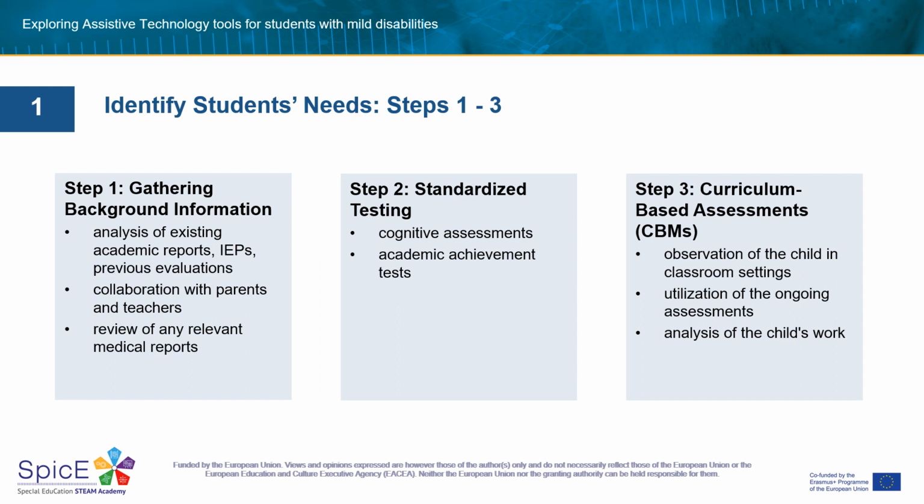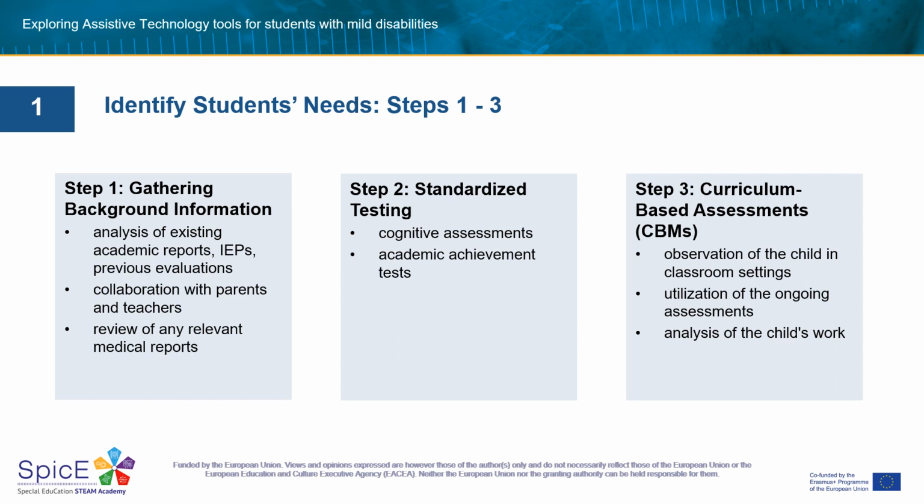Step 3. Curriculum-based assessments. Curriculum-based measurement is an approach to measuring students' academic growth along with evaluating the effectiveness of instruction in the classroom. This assessment includes observation of the child in the classroom setting to assess their participation, engagement level, and how they interact with materials and tasks.